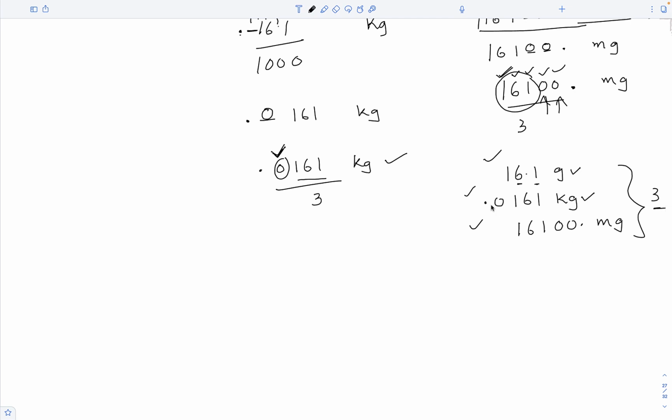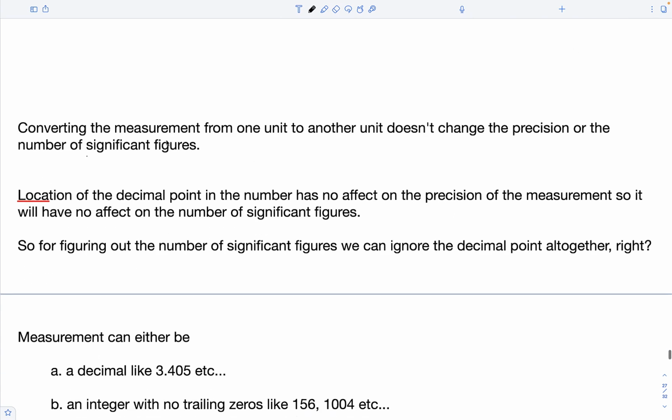That means the location of the decimal point has no bearing or no effect on the precision of the measurement or the number of significant figures. So converting the measurement from one unit to another does not change the precision or the number of significant figures.